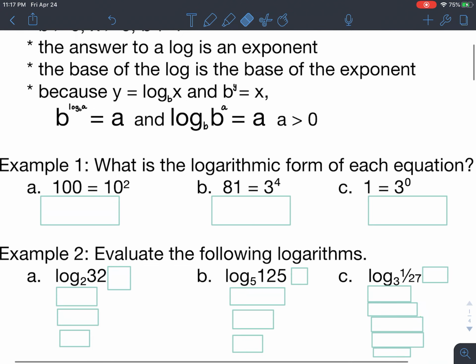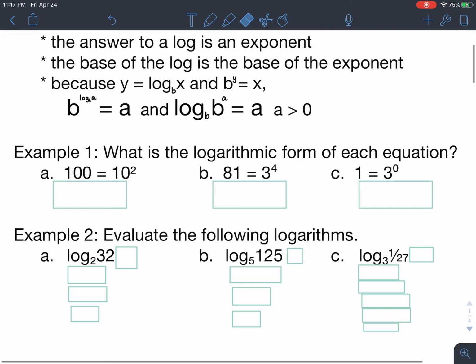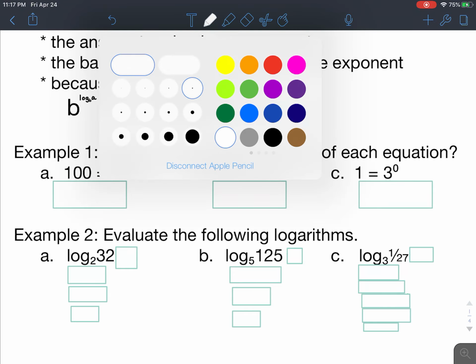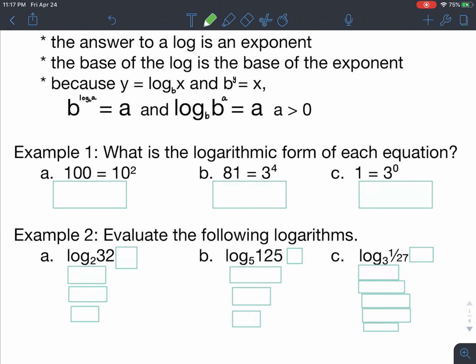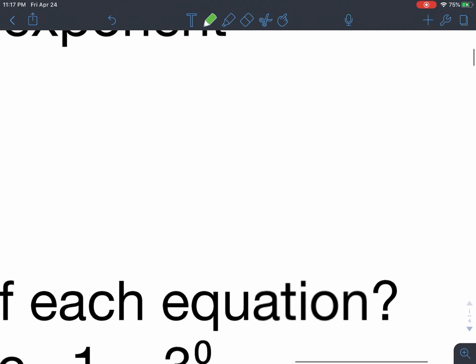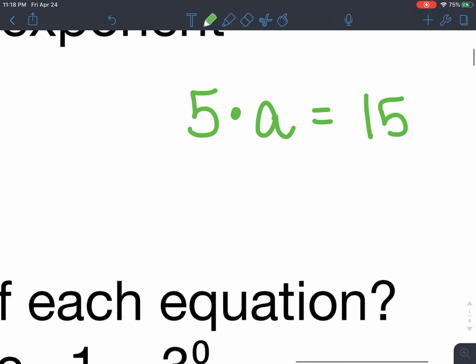Okay. We're going to work now on changing an exponential form to a logarithmic form. Now, this is usually pretty foreign to people, but let's just look over here for just a second. You don't have to write this down or anything, but 5 times a equals 15, let's say.